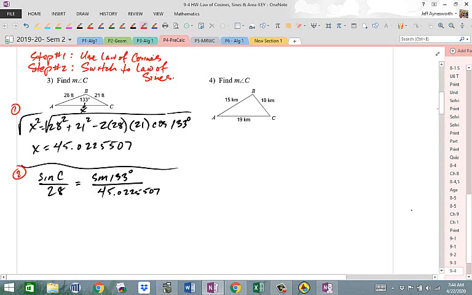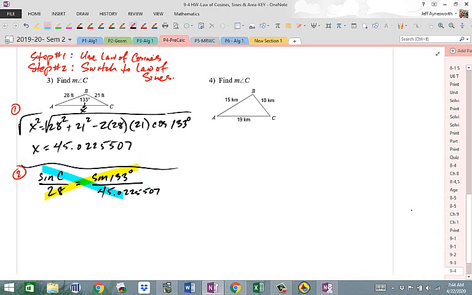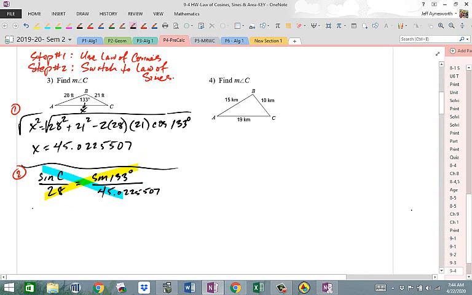So let's go ahead and cross multiply. Okay, so we have this answer here, so 45.0225507 times the sine of angle C is equal to 28 times the sine of 133 degrees.